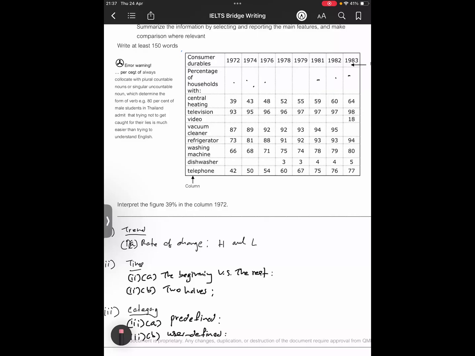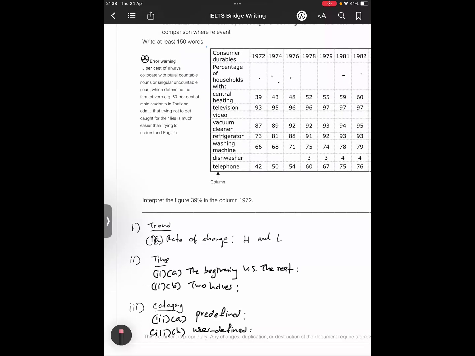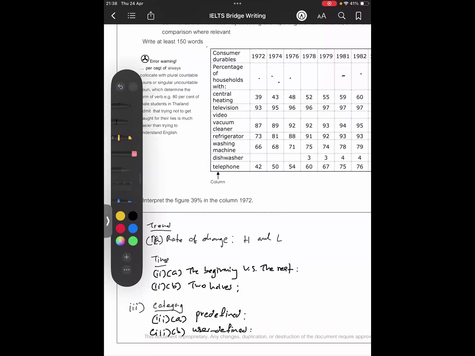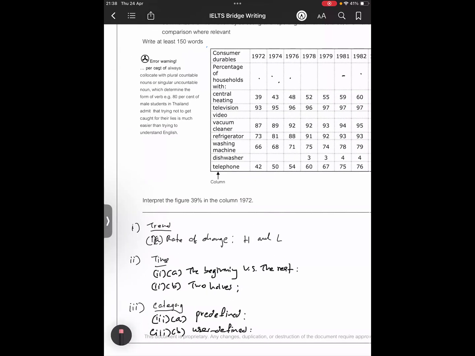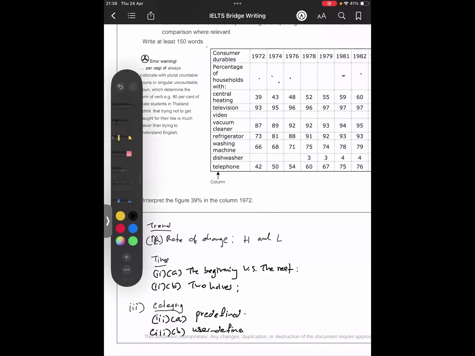So the others are to relieve your labor, but television, telephone, and video are just for entertainment. So that's one way to do it. We could break it down in terms of entertainment and non-entertainment. How about that?